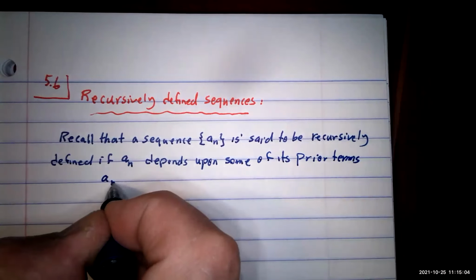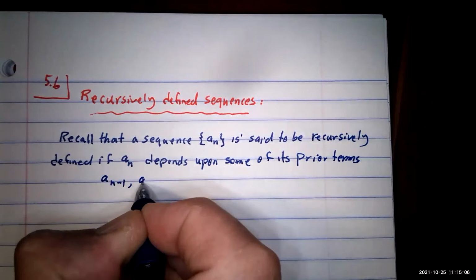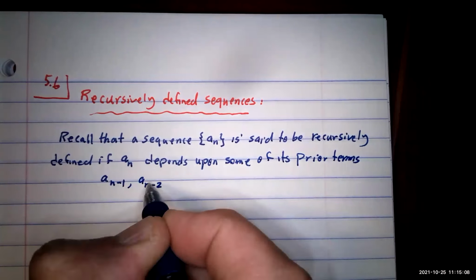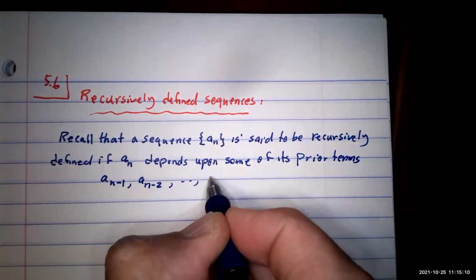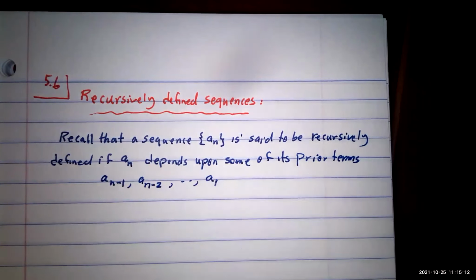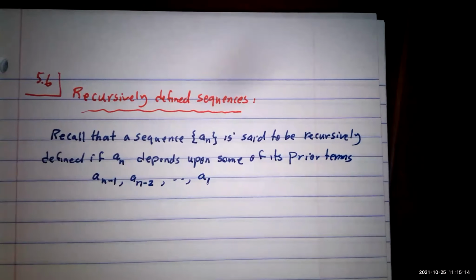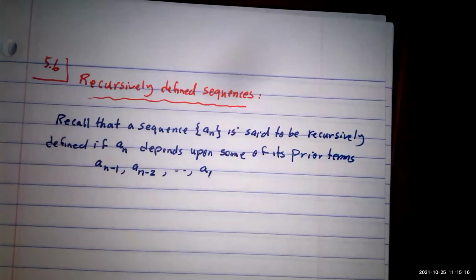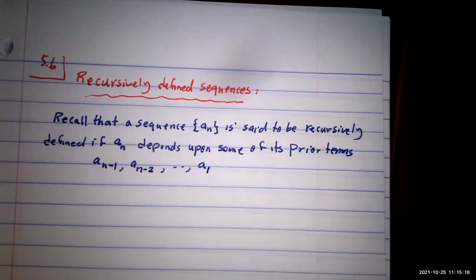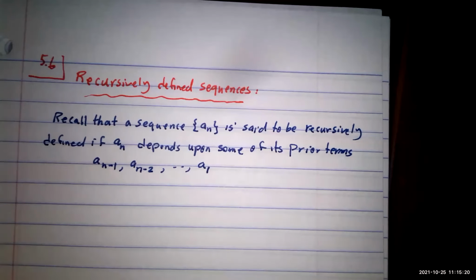The prior terms are going to be a_(n-1), a_(n-2). It can go on forever up to a_1. Like the one that you got on the quiz. That was not official, but now we are going to make it official.